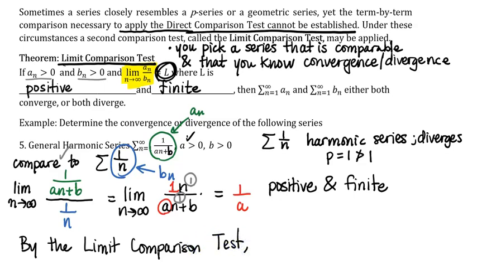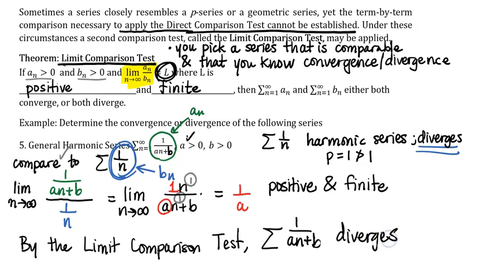And we knew that the harmonic series that we chose, 1 over n, diverges. So I can now conclude that the series we were working with, the general harmonic series, also diverges, because the test says they either both converge or both diverge.